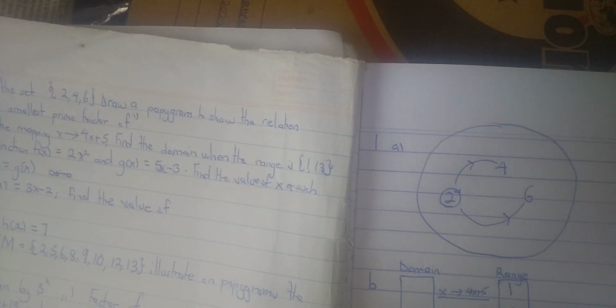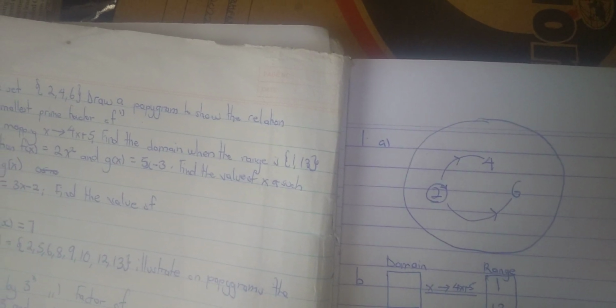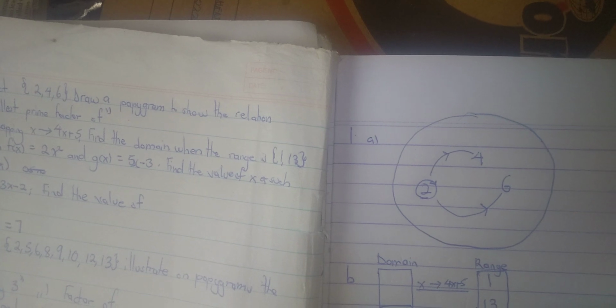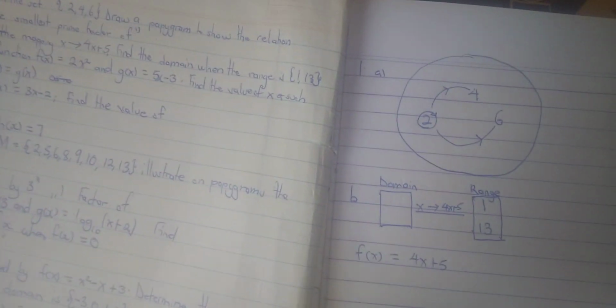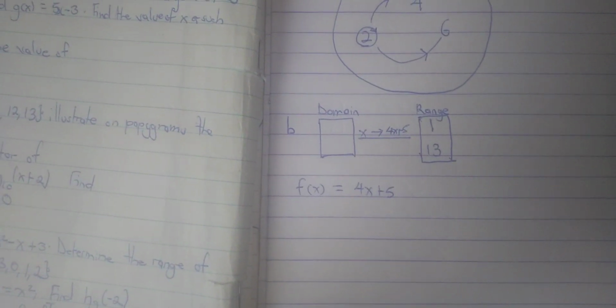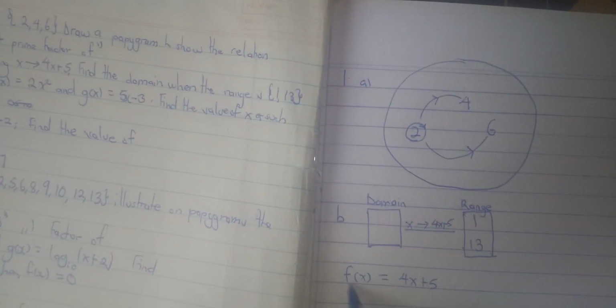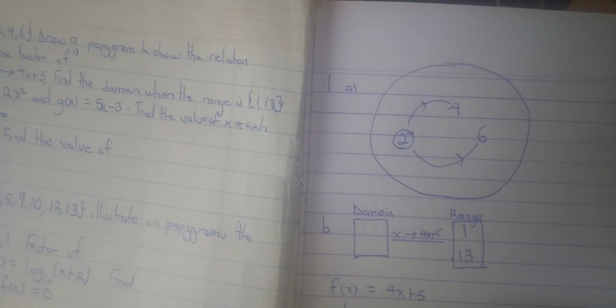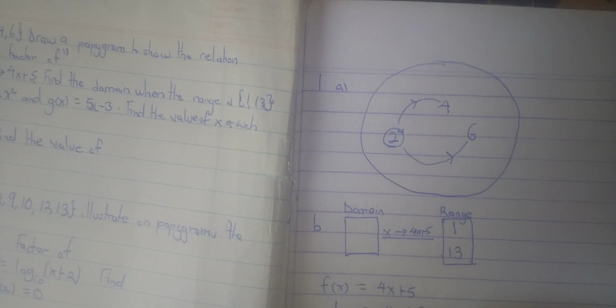So taking note of this, we are looking for the domain. Using that same mapping they have given us, we say f of x is given as 4x plus 5. But since we're given the range, which is our image, and we are looking for the domain, what shall we take? We shall take f of x to be 1, which will give us 1 equals 4x plus 5.